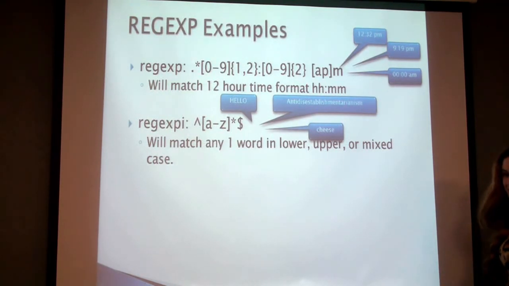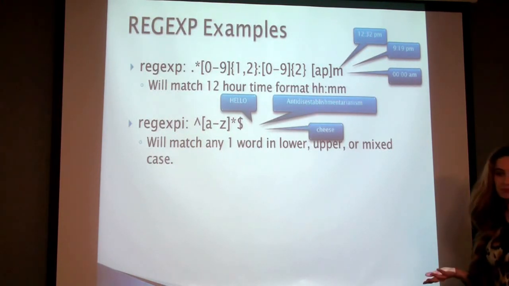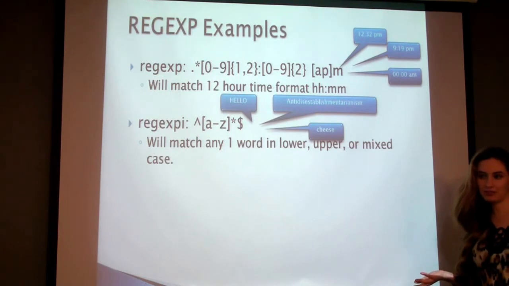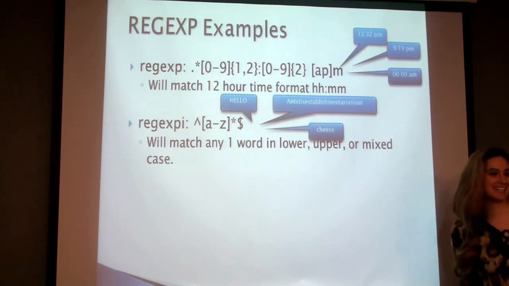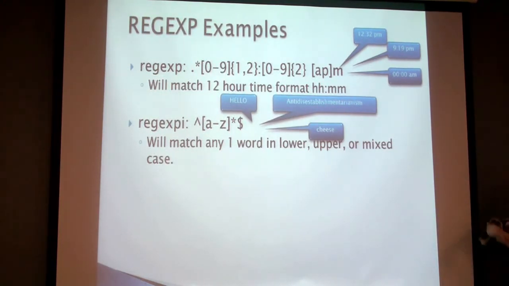I always forget what it means. Anyways, you can look it up. But it's a real word. It's the longest real English word that's not supercalifragilisticexpialidocious, because that's not a real word. So it will match all of those things.